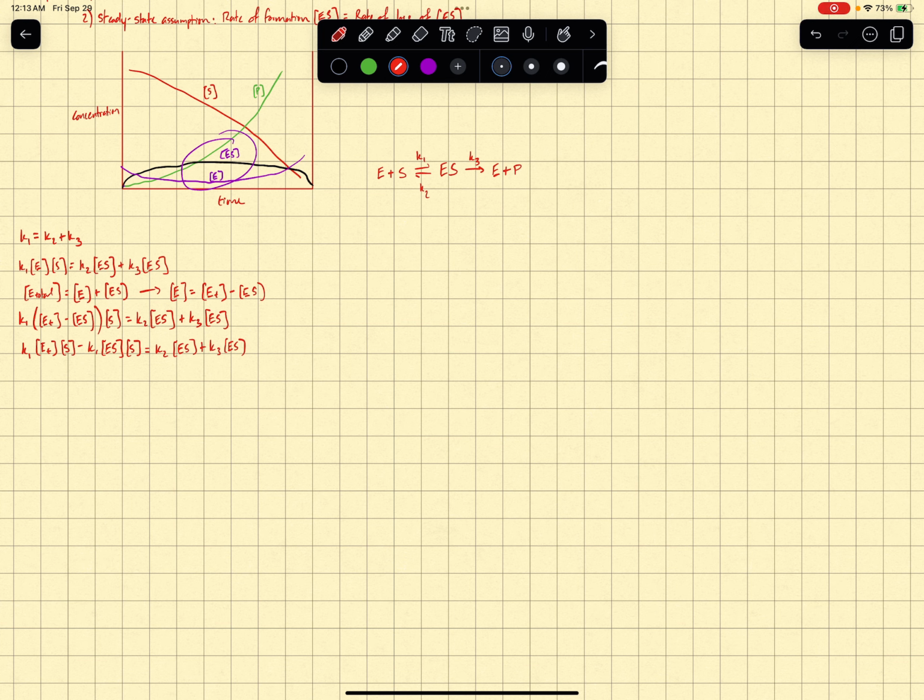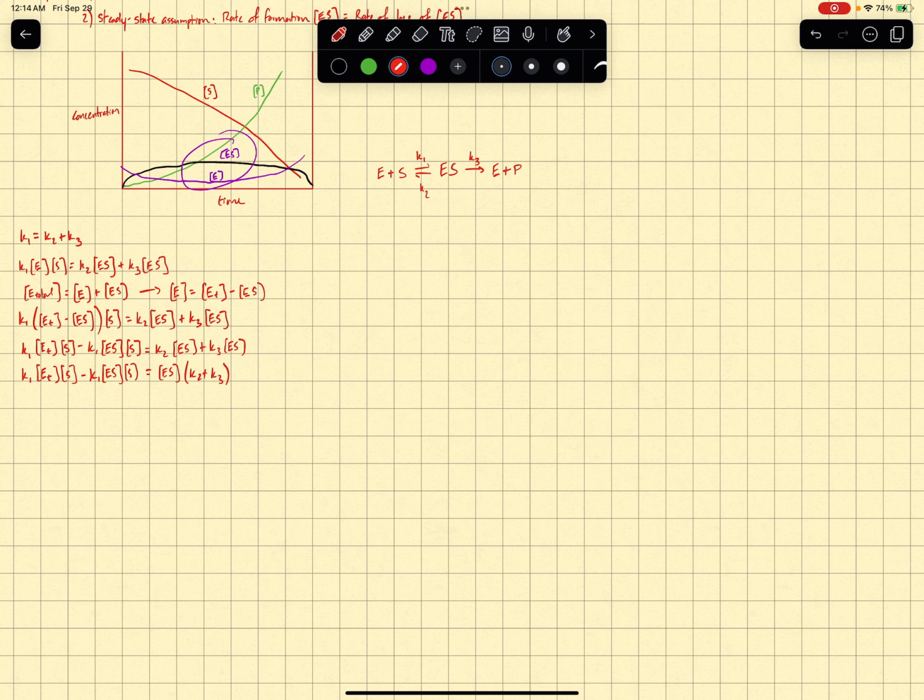So now we're going to say that k1 times the total enzyme times the substrate, minus k1 times the ES complex times S, is going to be equal to, we're going to factor out the ES here, ES times k2 plus k3.